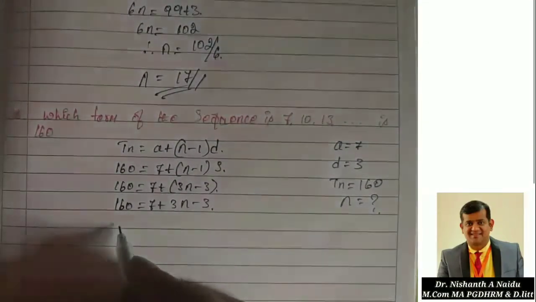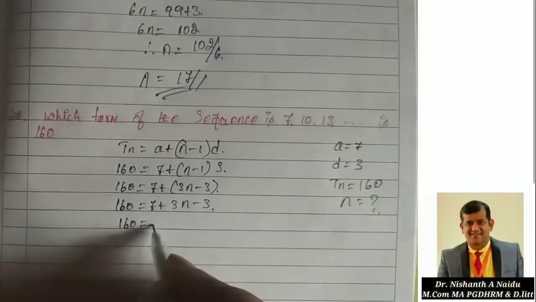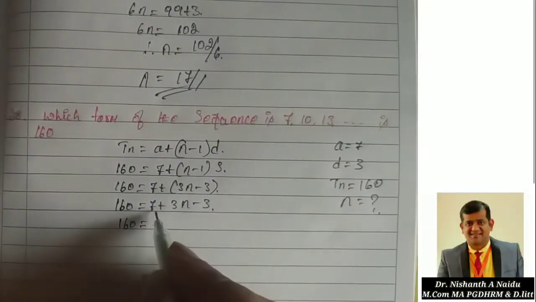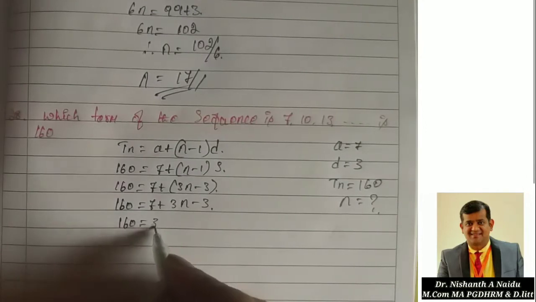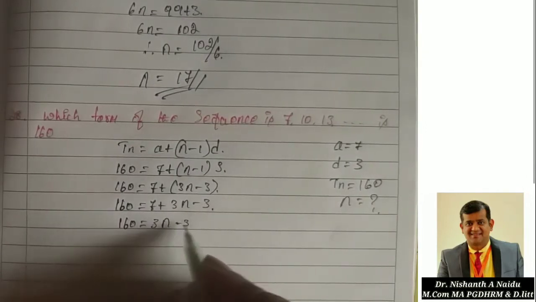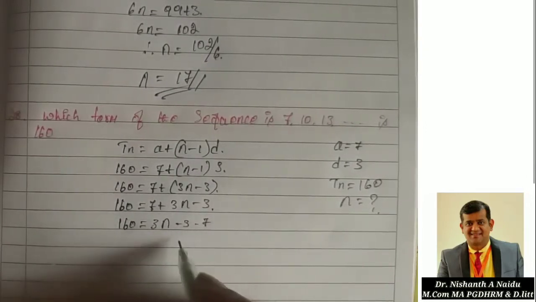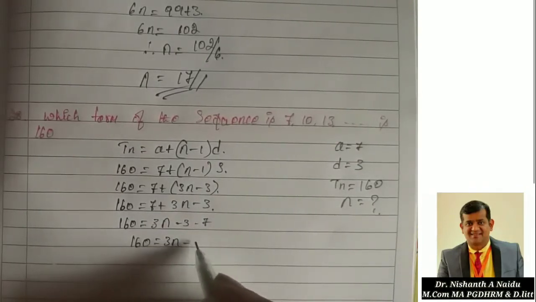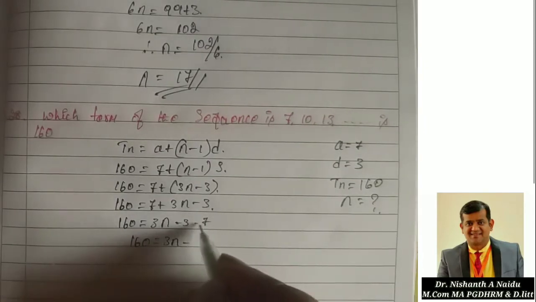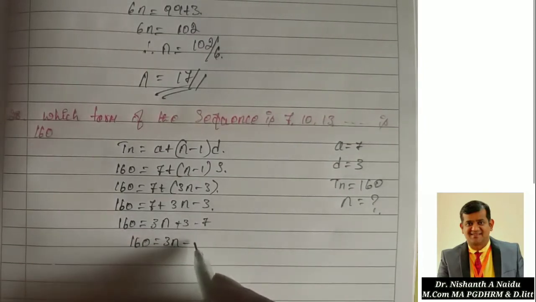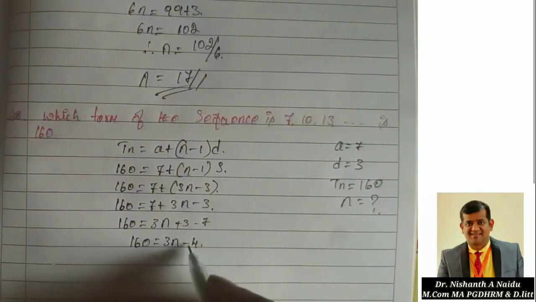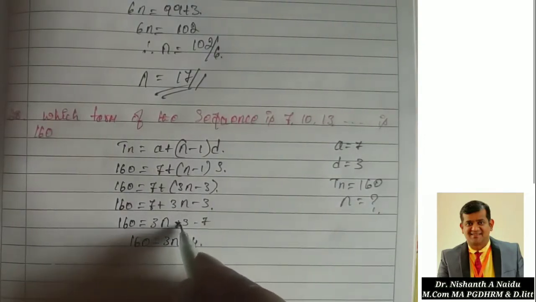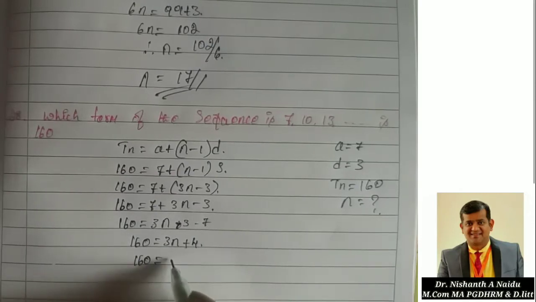Now I am bringing that part to this 160. If I bring this 7 here, that becomes 3n minus 3 minus 7, so 160 equals 3n minus 10. Hmm, so the constants combine, and we get 160 equals 3n plus 4 after simplification.